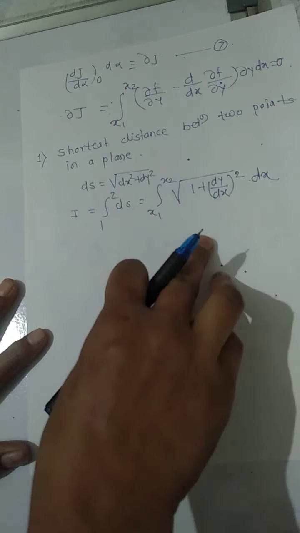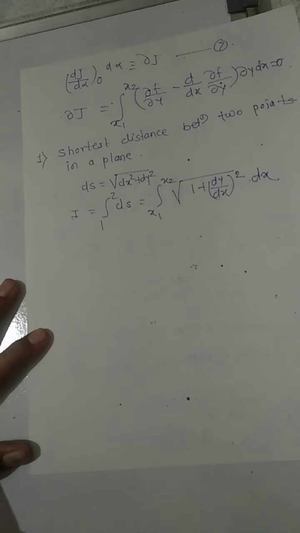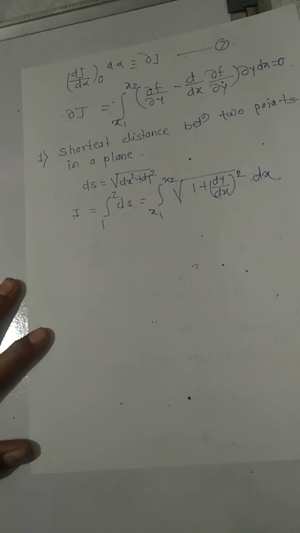And the condition that the curve be the shortest path is that I be a minimum, and this is an example of an extremum problem.